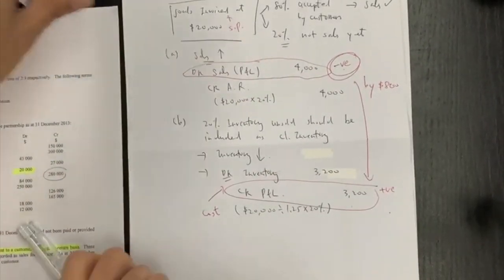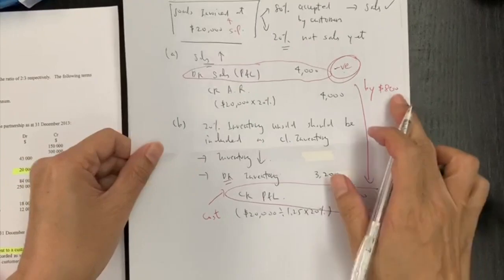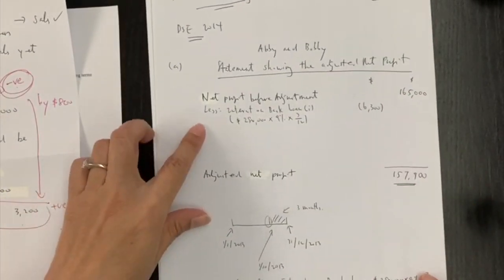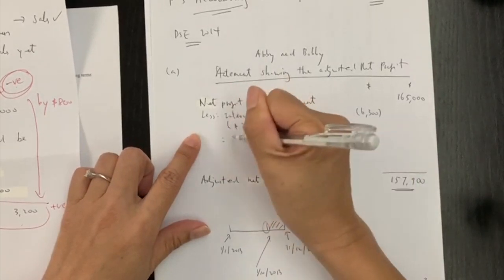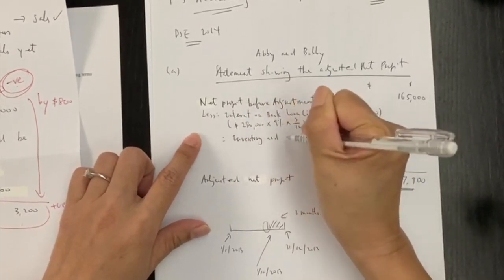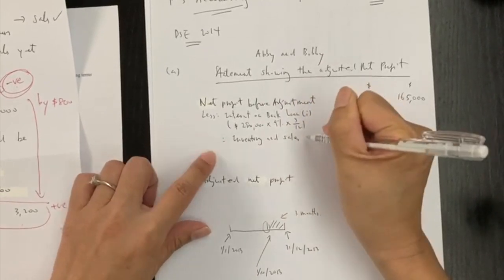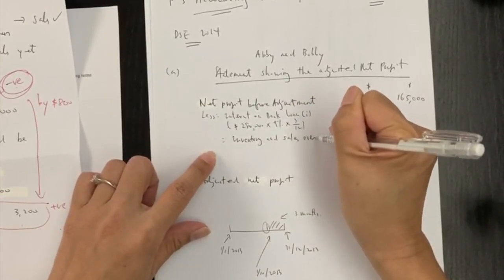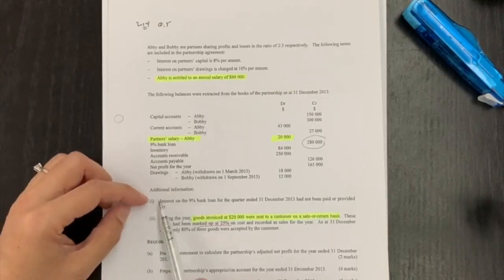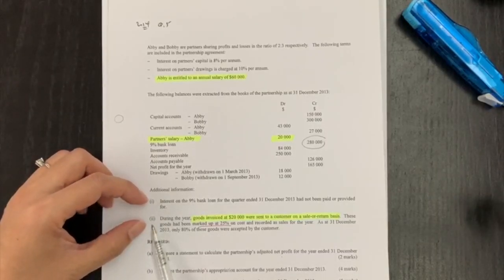Very good. So the 800 here will be deducted from the net profit. So less inventory. Okay, after point number 1, now we come to adjustments of point number 2.